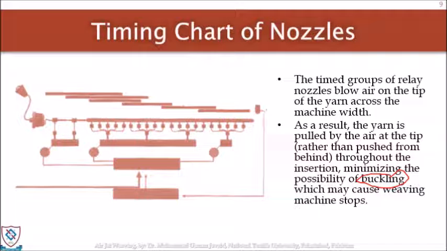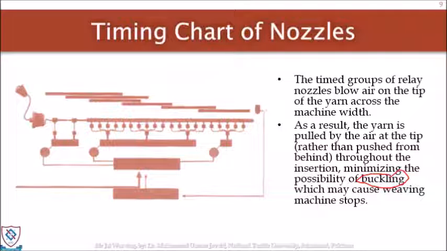When there is a snarl or loop in the yarn, these loops can be on the right side, left side, or middle of the machine's fabric width. So this buckling is prevented only if we exert pressure at the tip of the yarn that is being inserted.